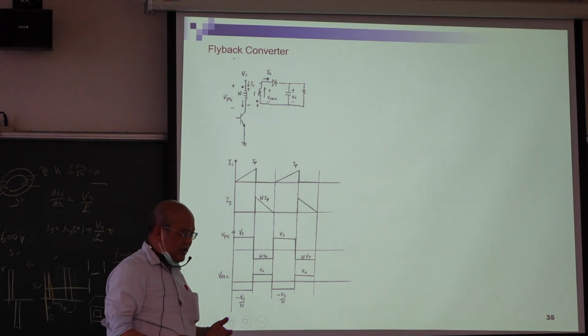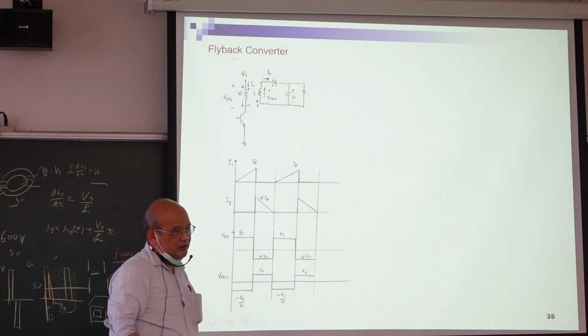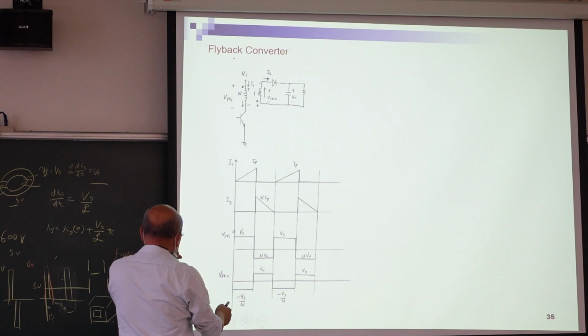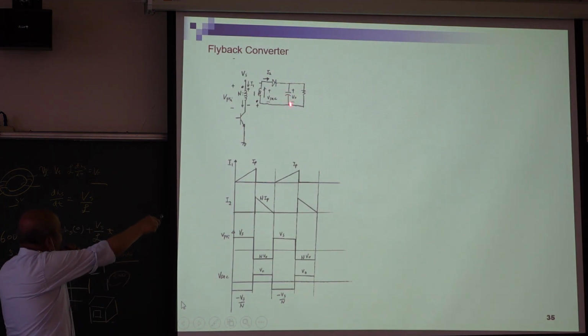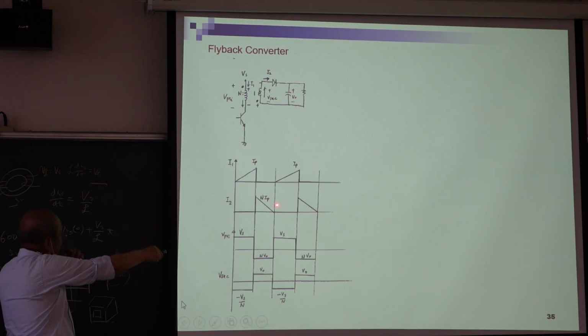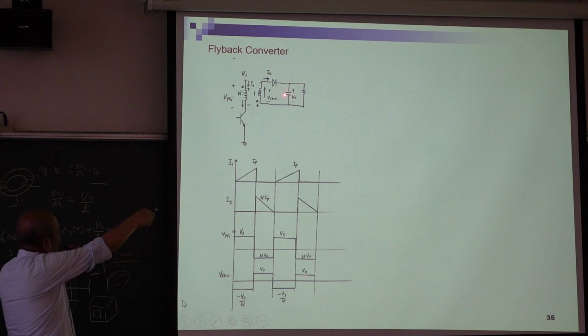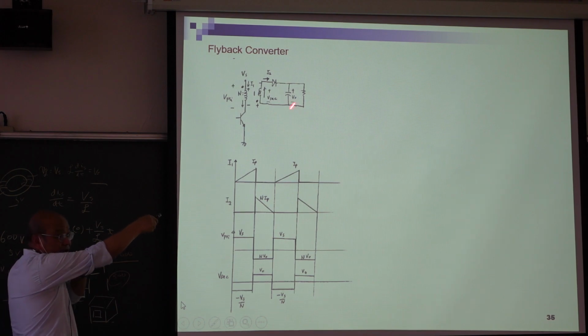But what is the disadvantage? Discontinuous, right? The current should be discontinuous. If the current is discontinuous, how about the output voltage? Because here is 0, we have 0 current here. Then the output voltage decreases, right?